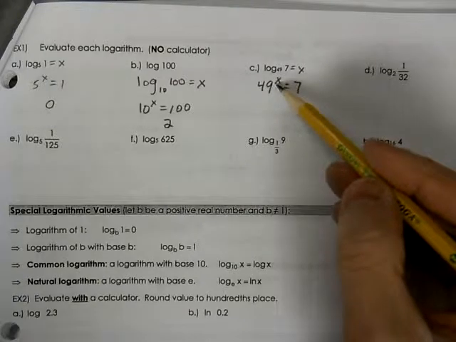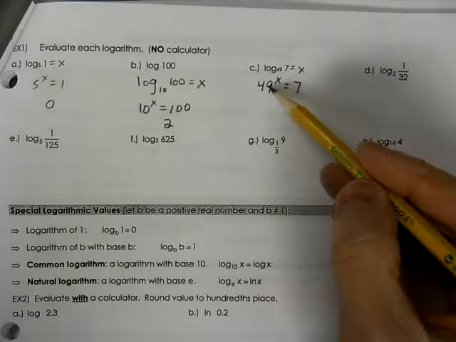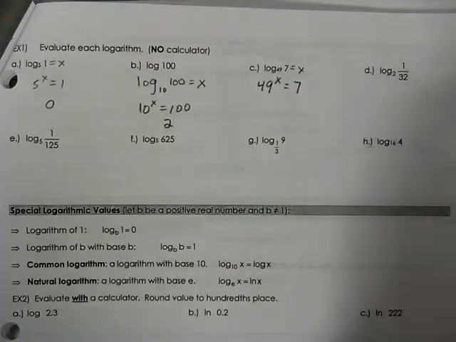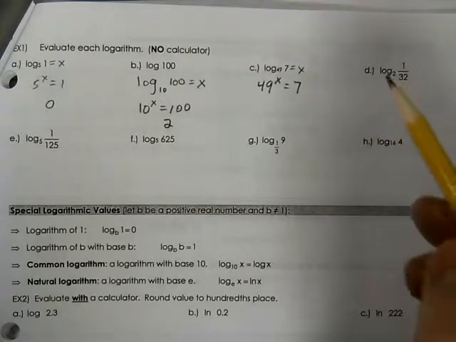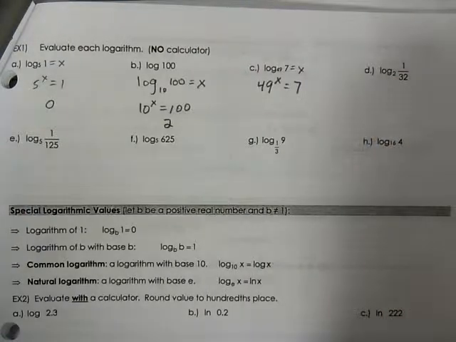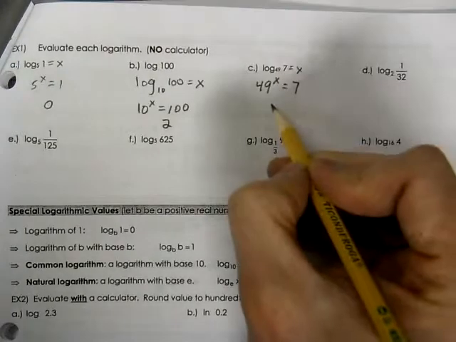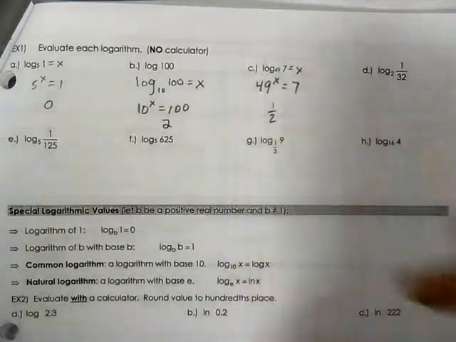So 49 to the half power, not half of 49, is 7. So if you take the square root of 49, you would get 7. The exponent that represents taking the square root, or radical, is 1/2.